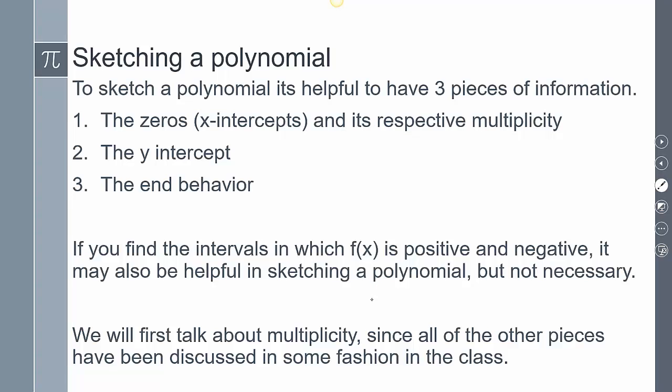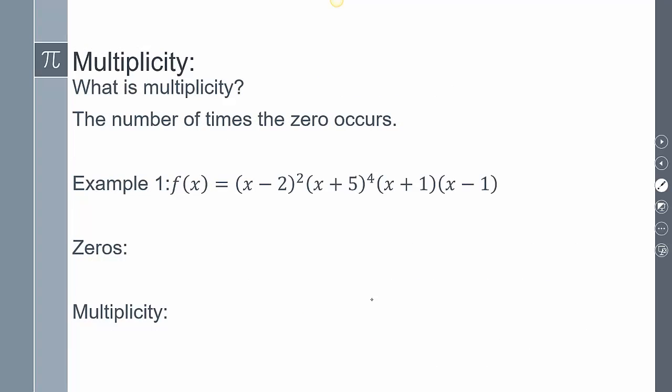So let's talk about that multiplicity that I had originally mentioned. What is multiplicity? It's essentially the number of times the zero occurs. So in this example here, this is my polynomial. If I set this equal to 0, this equal to 0, this equal to 0, and this equal to 0, my zeros are going to be positive 2, negative 5, negative 1, and positive 1.